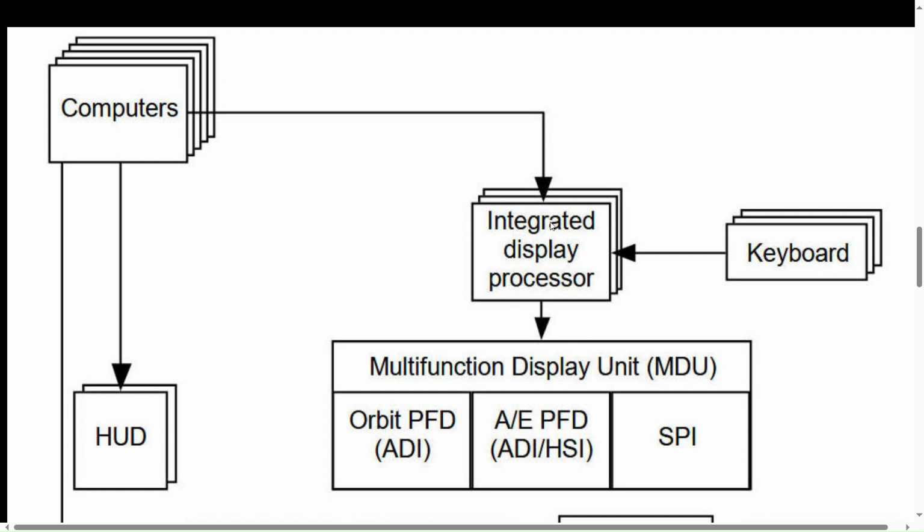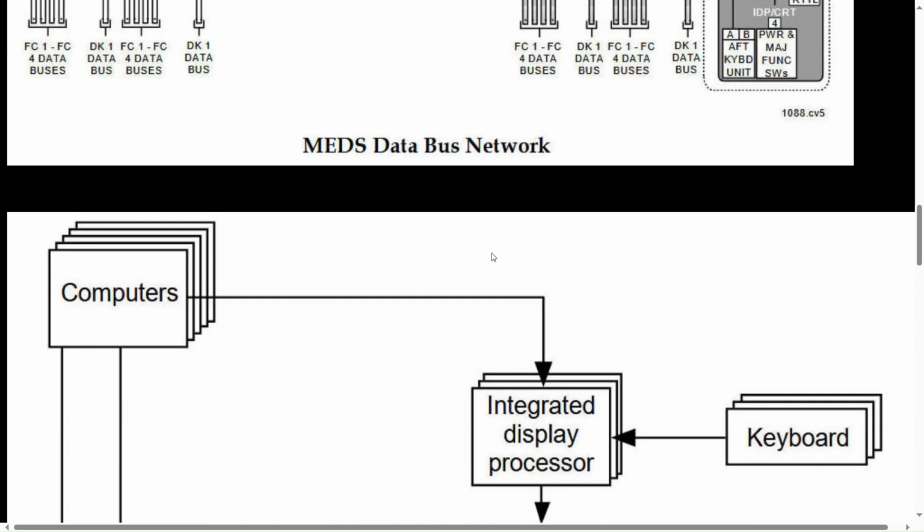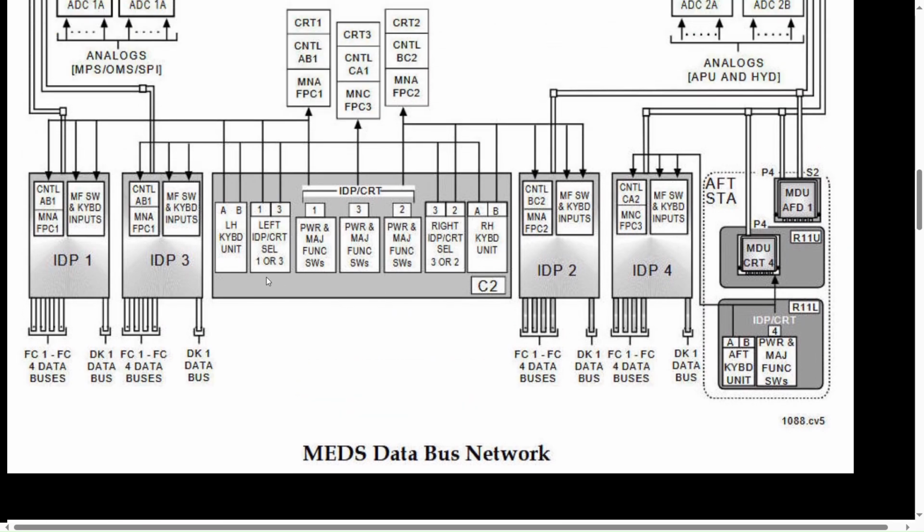That is what we're going to do, but I'm going to go a little bit deeper for you. So we have the IDP and the CRT, and we have that here, and all of these. You have the keyboard inputs, and then right next to it you have the controls here. That is where the MEDS reset button lives.